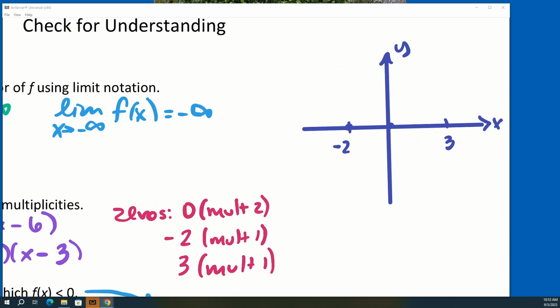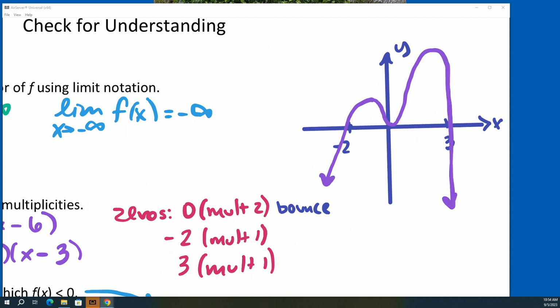And then we're going to use the end behavior and the multiplicity to get just a little sketch of this graph. So the only one that's going to have something interesting, I guess, happen on the x-axis is 0, and it's going to need to bounce. And then on this graph, both of our arrows are going to be pointed down. So it's going to look something like that. Well, I didn't do the best graph, but it doesn't go straight down. It's still kind of going over.